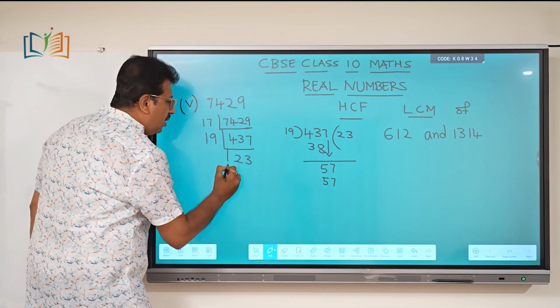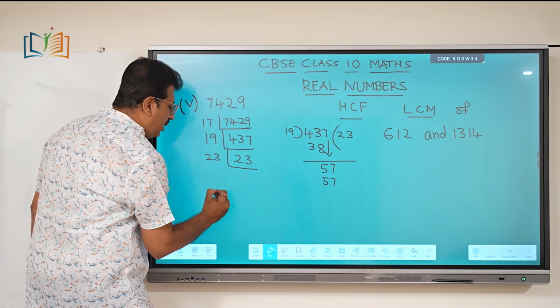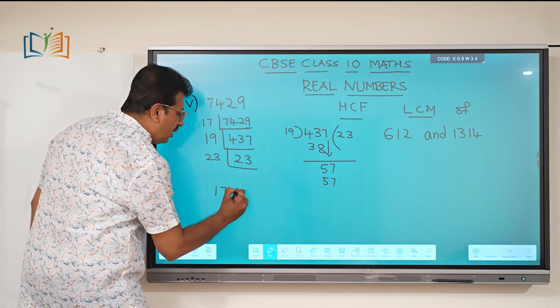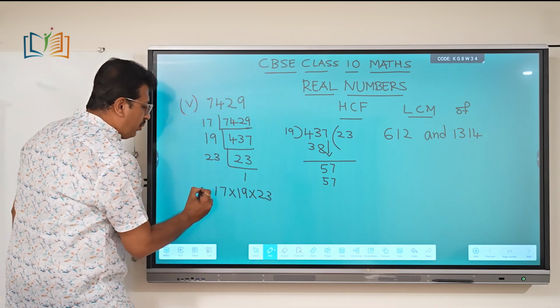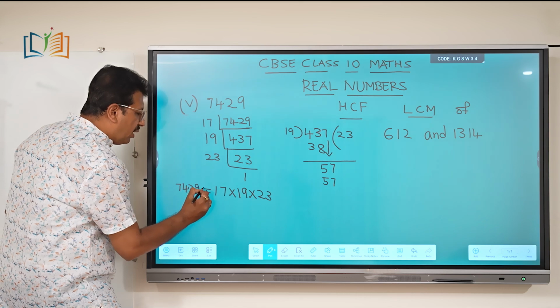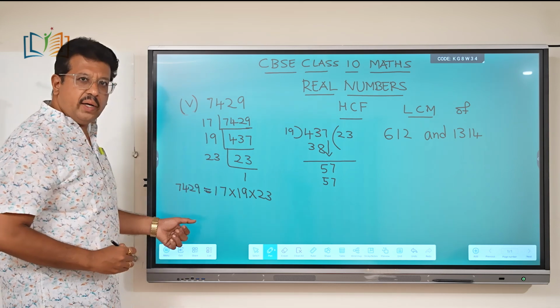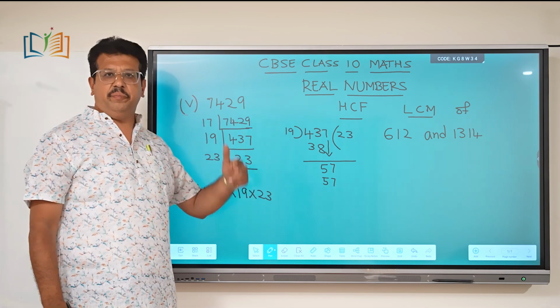So it is nothing but 17 into 19 into 23. So this is a product of primes for 7429. For 7429, the product of primes is 17 into 19 into 23.